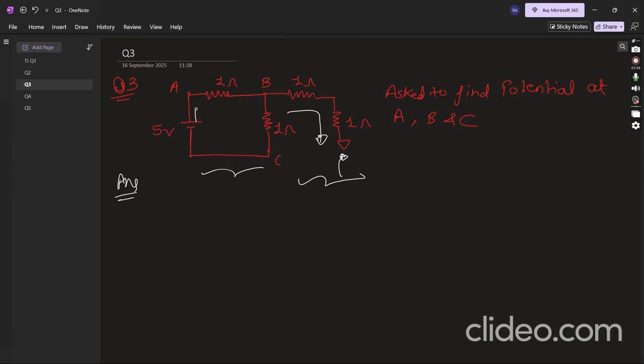When the current I flows from this 5 volt source, it will circulate in this loop, not in this loop. So this is a separate branch. We can also remove this, because no current is flowing through this branch.